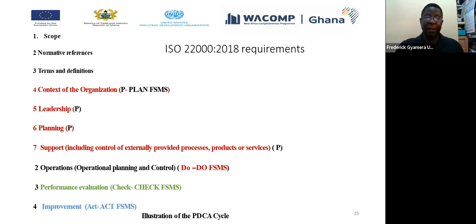And here, we are looking at a quality principle, quality philosophy, where you do the plan, then you execute the plan, that's the do part. And here, you do the performance evaluation, that's the check, and then you act, that's how you improve. So this illustrates what is called the PDCA cycle, which cuts across all management standards.